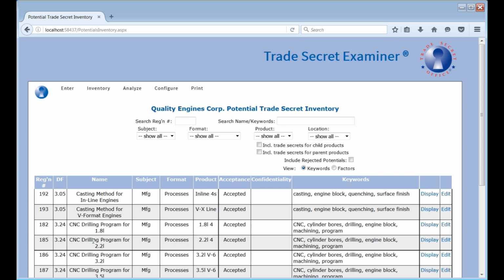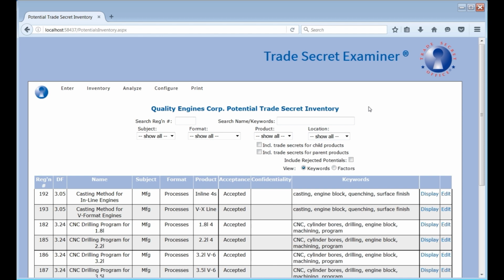These are called potential trade secrets, potential trade secret inventory. If I have a lot of people in the company entering trade secrets, and they're not intellectual property professionals, they're putting in the things that they think are trade secrets. I just don't want to take all of those into the system and call them trade secrets. Nobody in the intellectual property group has looked at them.